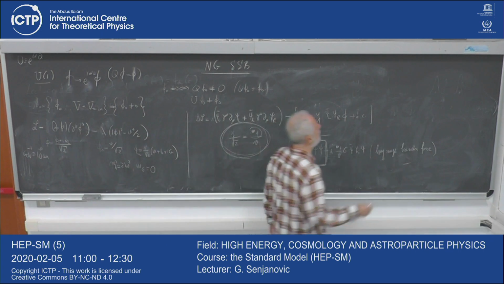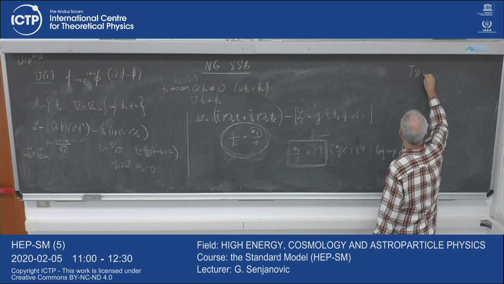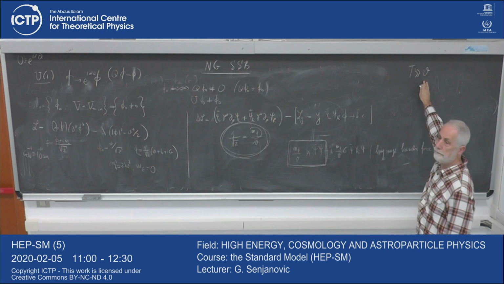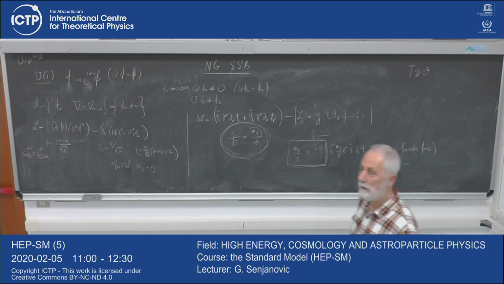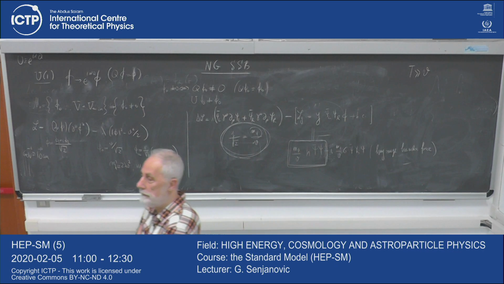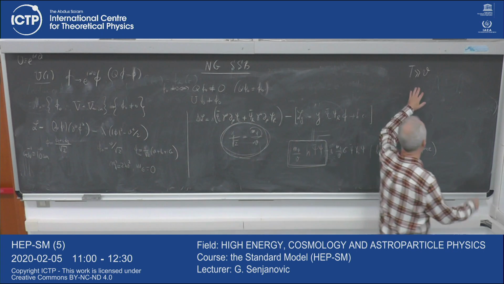You have to go to a temperature that is much bigger than the scale of the theory. We know that the symmetry gets restored at very high temperatures. Very high is defined as much bigger than the scale of weak interaction.